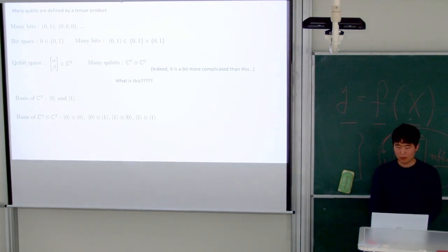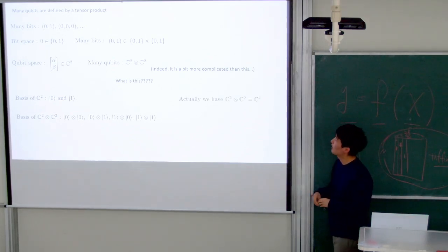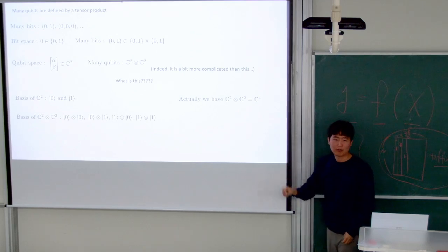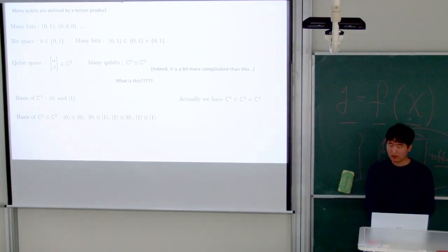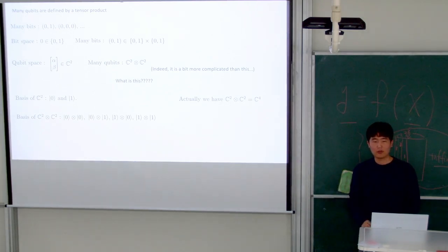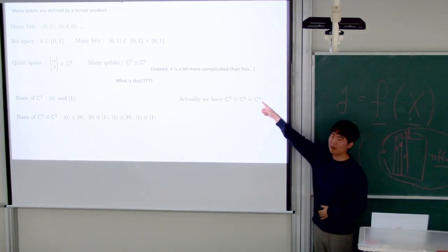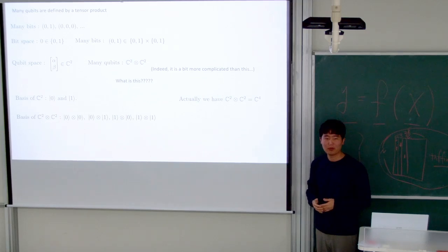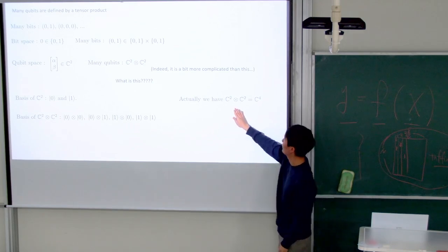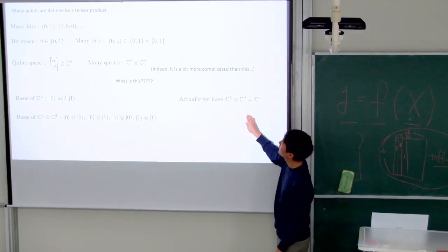This is just a symbol, but you can think of the tensor product of 2 spaces as C4. Question: is 4 equal to 2 plus 2 or 2 times 2? It is 2 times 2, because we have a combination of bases.